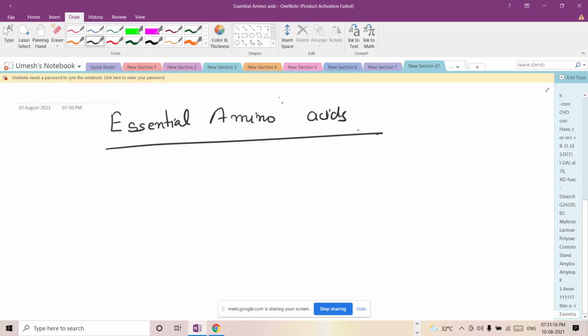And non-essential amino acids are those which are synthesized in the body by itself.